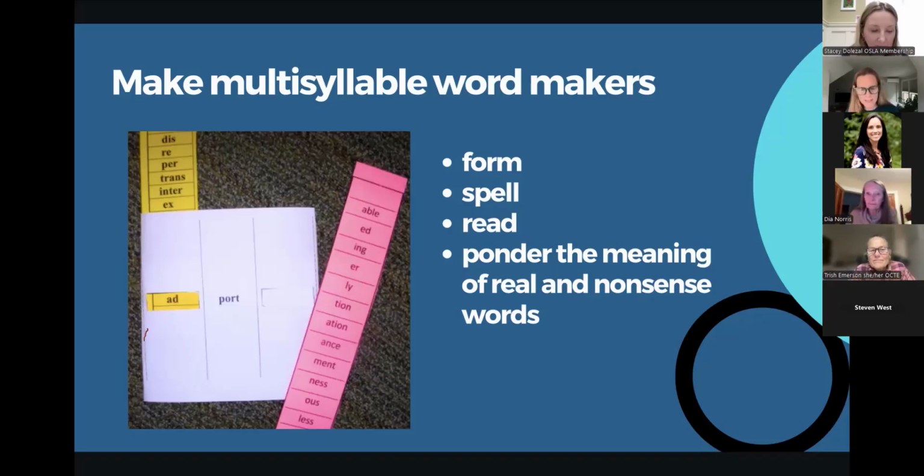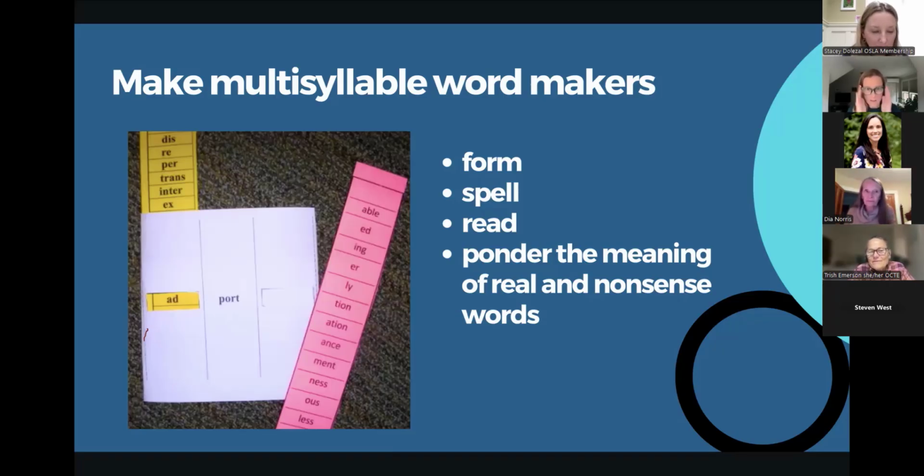So ous means possessing or characterized by. So if I had the word adportous, what would that mean? That would mean that I have a word that means characterized by carrying, moving something towards something else. That would be adportous, right?